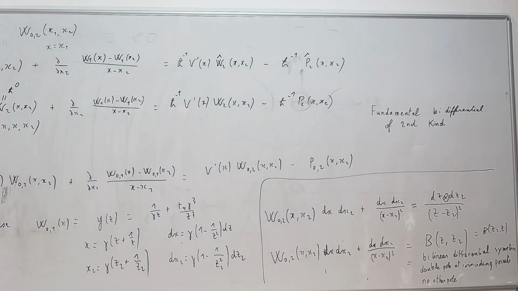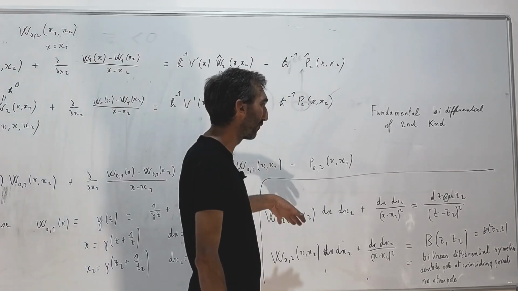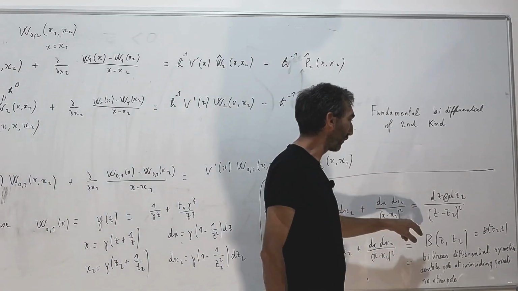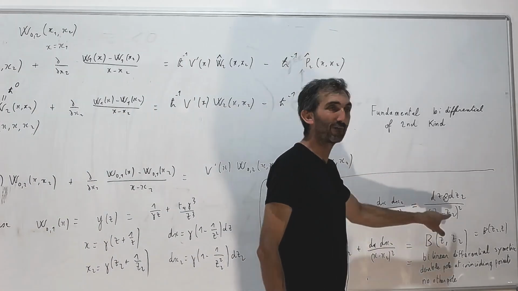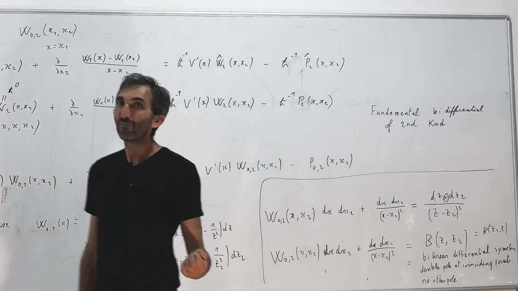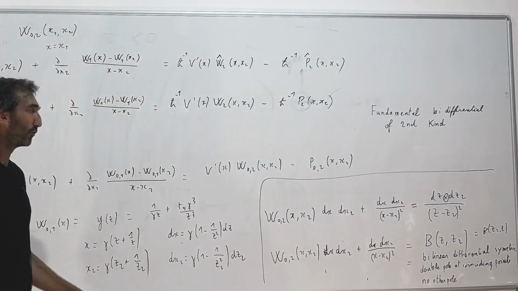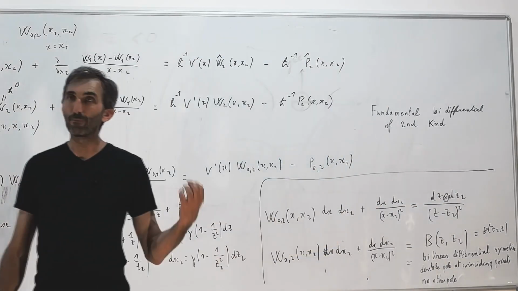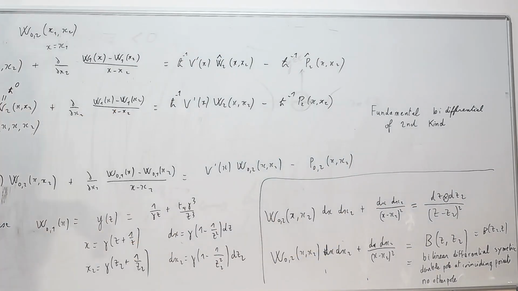Okay, so whatever. Just to give you a hint of what happens on other Riemann surfaces, for people who have knowledge of, let's say, elliptic curves. On an elliptic curve, on a torus, there is a function that has a double pole and no other pole. It is the Weierstrass function. So you should replace 1 over (z minus z2) squared by the Weierstrass function of z minus z2. And it exists on every Riemann surface.